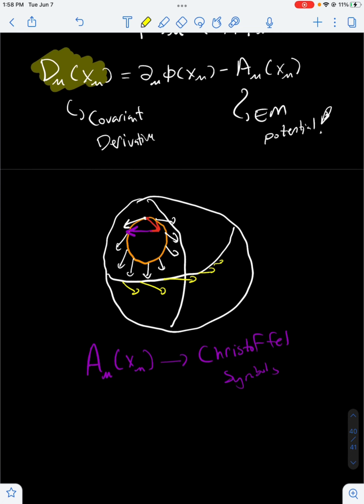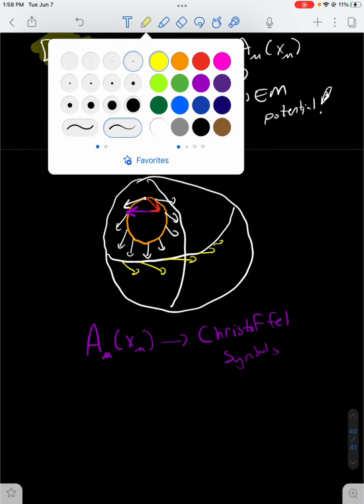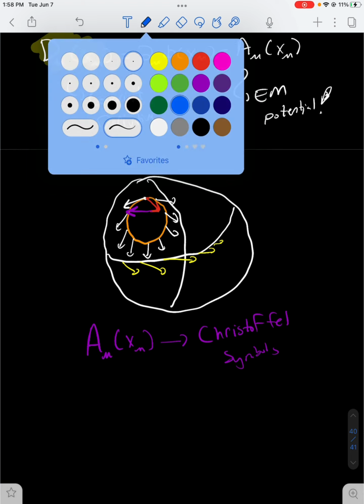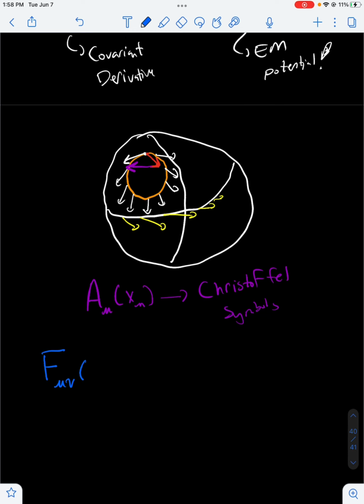And it turns out that the curvature for our field space, called the Riemann curvature tensor, is actually going to be the Faraday tensor, where F mu nu of x is equal to partial mu A nu of x minus partial nu A mu of x.